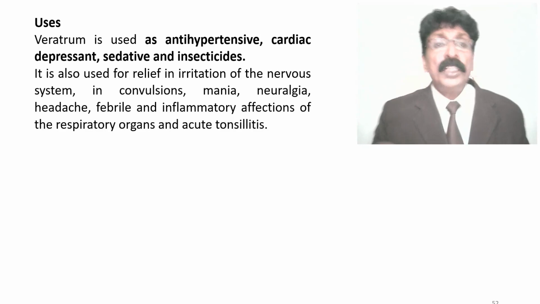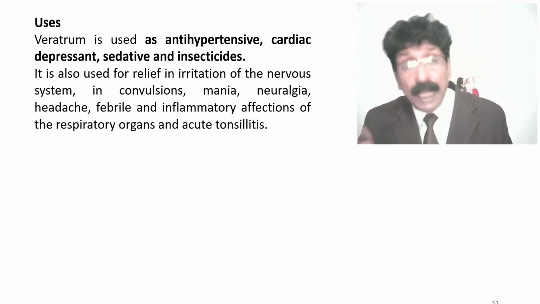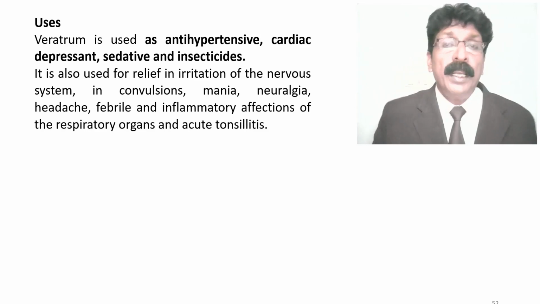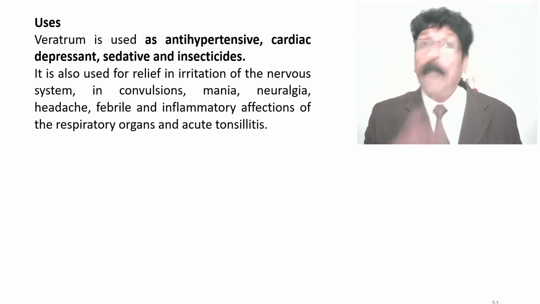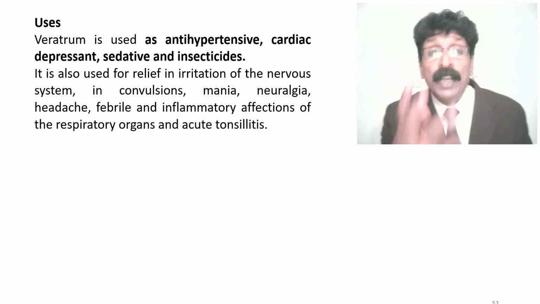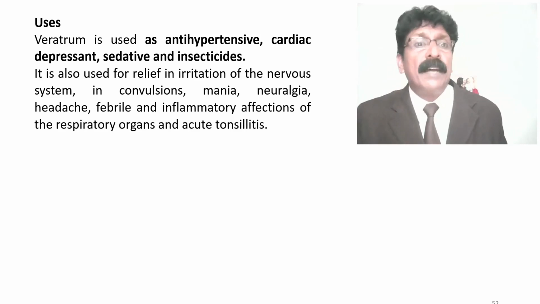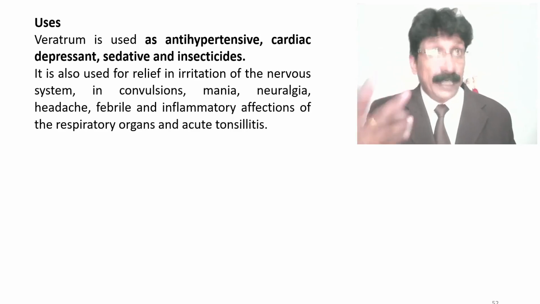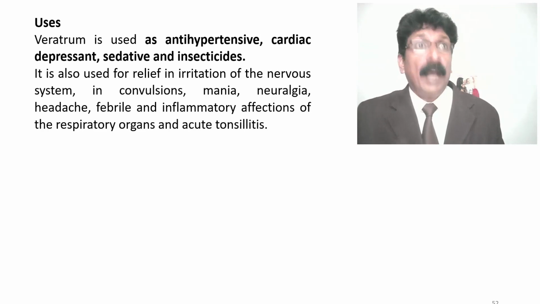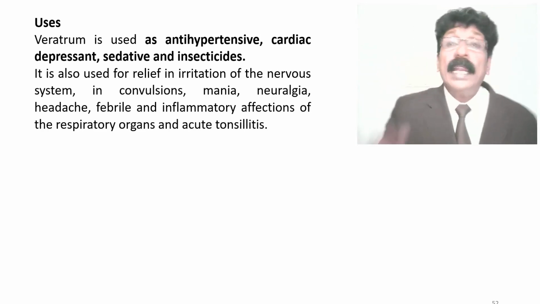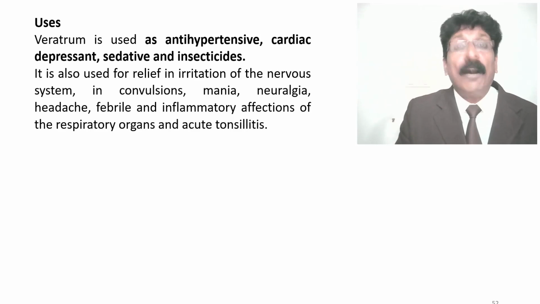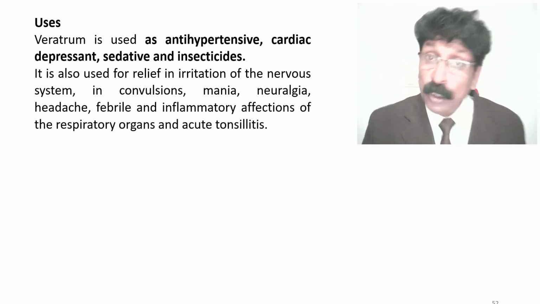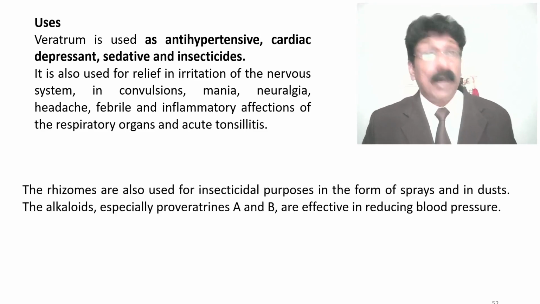It is also used for relief in irritation of the nervous system, in convulsions, mania, neuralgia, headache, fatigue actually, and also febrile and inflammatory affections of the respiratory organs, and acute tonsillitis.